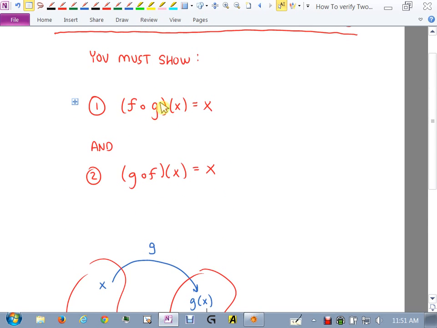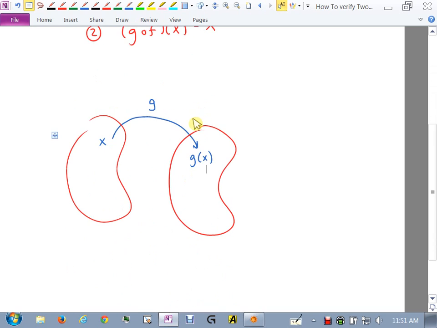Then that goes into what? F, and comes out unchanged, which means that it takes it back to where it came from. If your x turns into g of x, and then that g of x gets taken back to x through f, if that loop happens, then the inverse relationship is there.